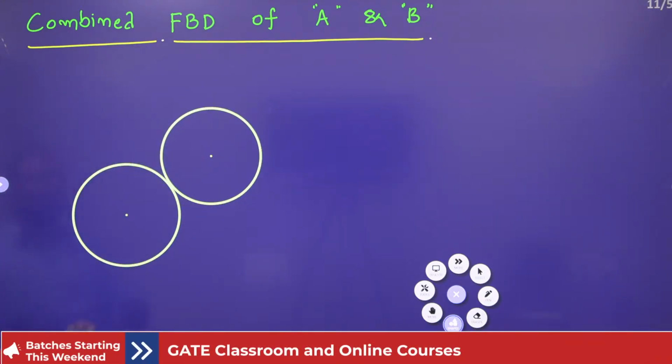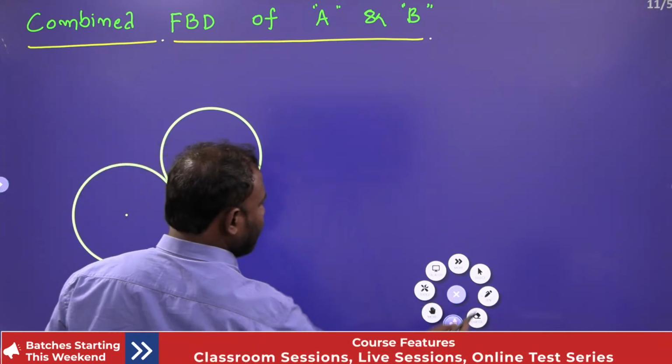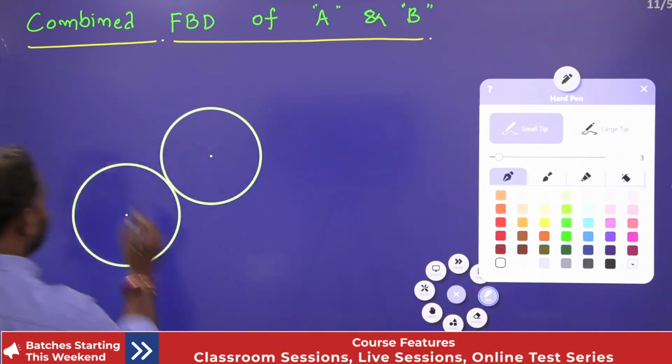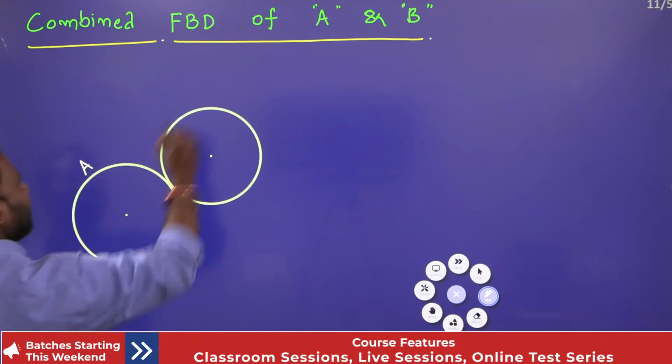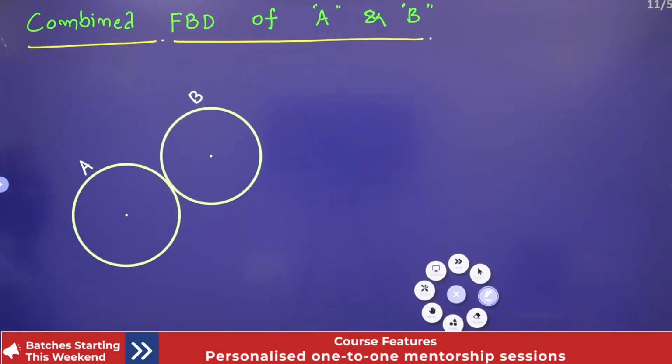Now this is my ball A, and ball B. In the combined free body diagram, how do we take that?